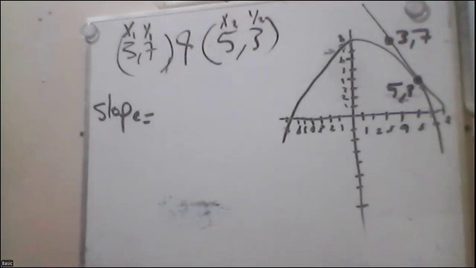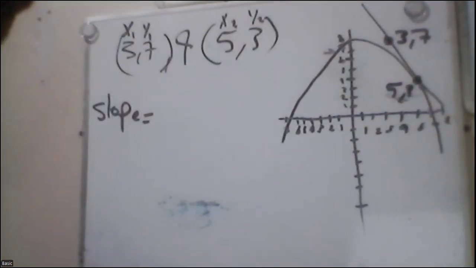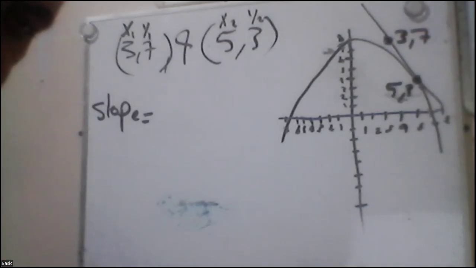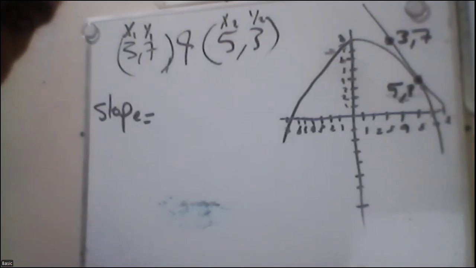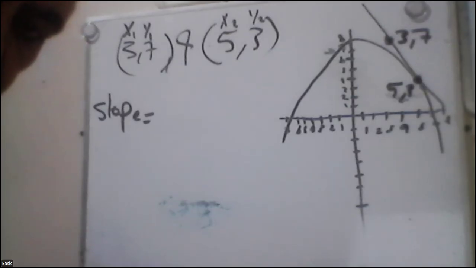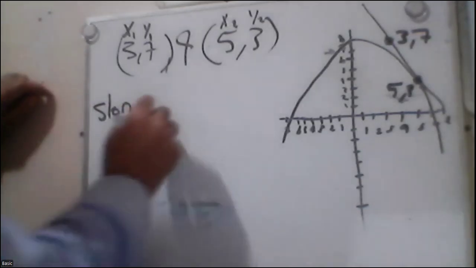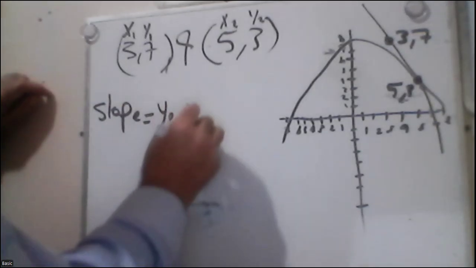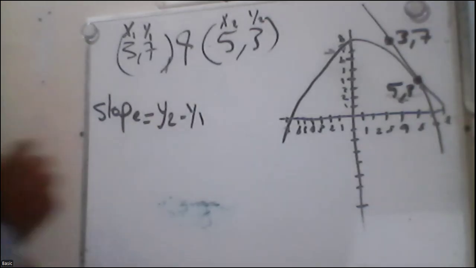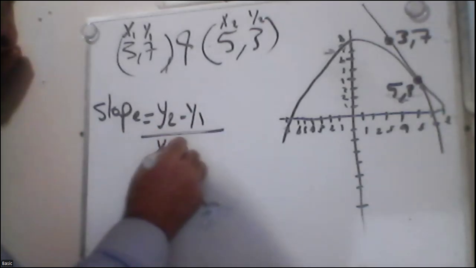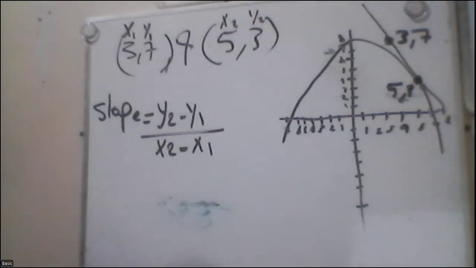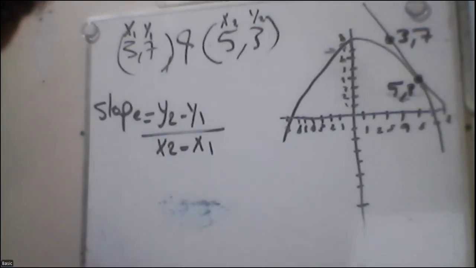Then to get the slope, I will do exactly the same as in front of you here. We can take the first point, which is 3 and 5, and the second point. So here I will say y2 minus y1 divided by x2 minus x1. To get my slope, I will do like this.